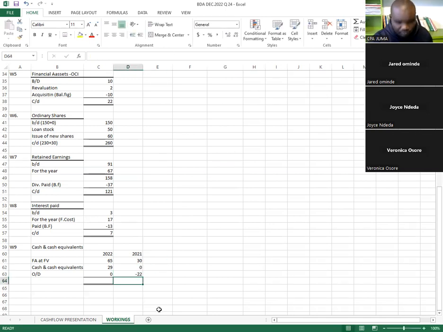So this one is equals to this plus that plus the 0, which is less. So that is 8. Then this one here is equals to this plus this plus the 0 minus the 0. So that one is 94.